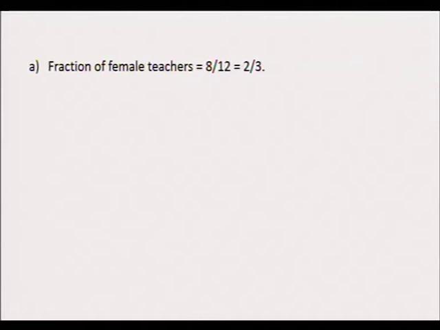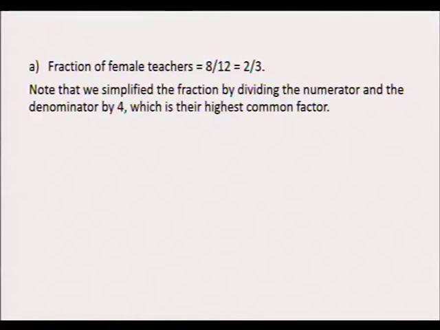So we divide both the numerator and the denominator, 8 and 12, by 4, and 8 divided by 4 is 2, 12 divided by 4 is 3, and therefore our fraction of female teachers in its simplest form is 2 over 3. Right. So similarly, if we find the fraction of male teachers, we take 4 divided by 12.